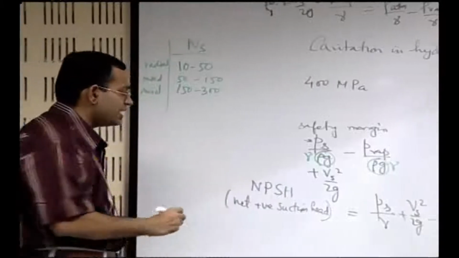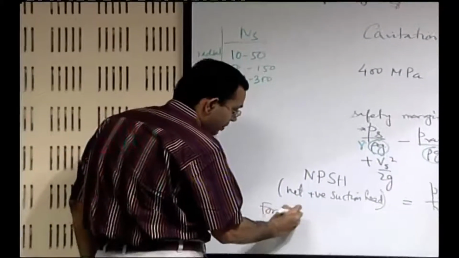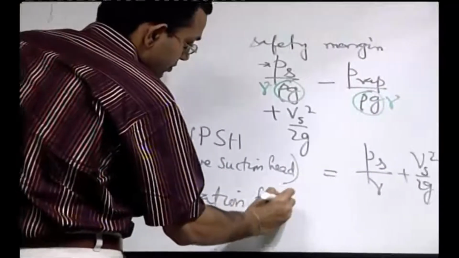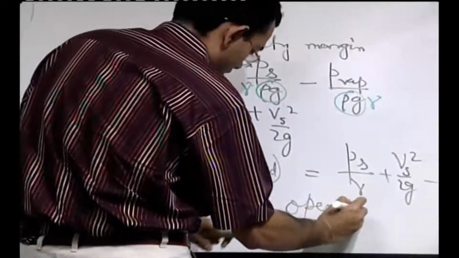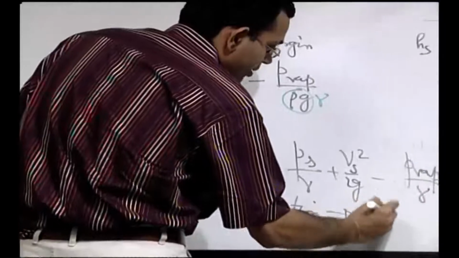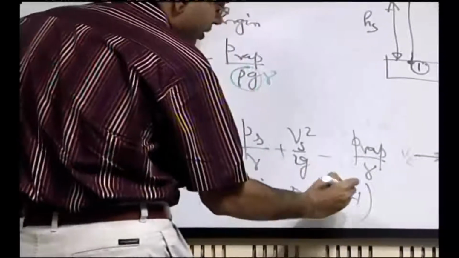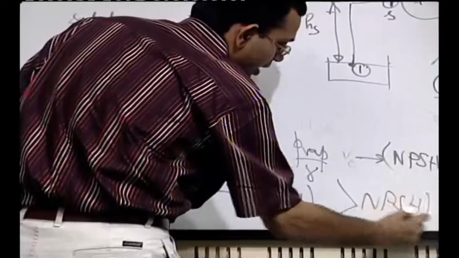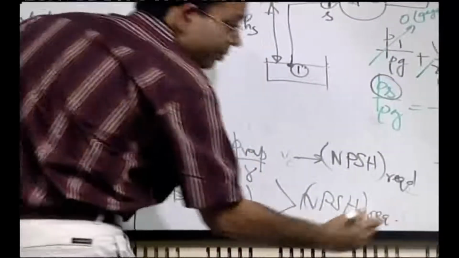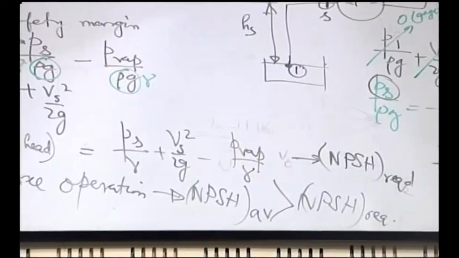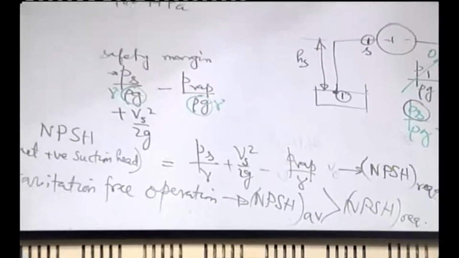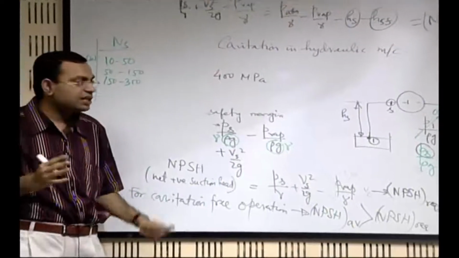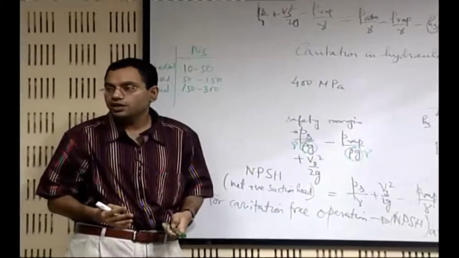So we can say that for cavitation free operation, you have NPSH available greater than NPSH required. That means the system must be good enough to give a sufficient amount of net positive suction head so that it is more than what is required by the pump.